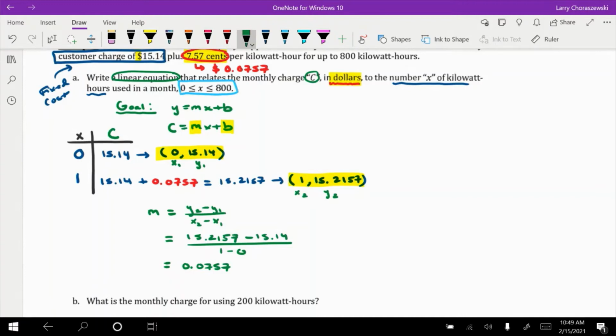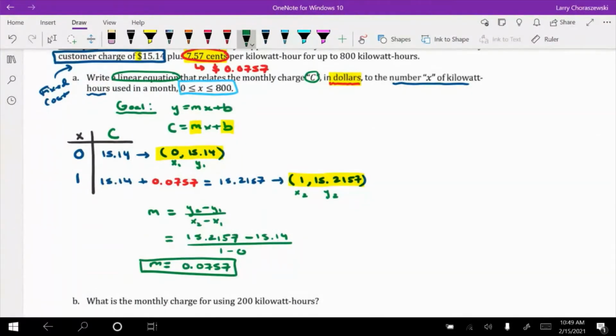So all right, cool. This is our slope, which happens to be the cost per kilowatt hour. So the slope is actually buried in our problem, and it was hiding in plain sight, essentially.